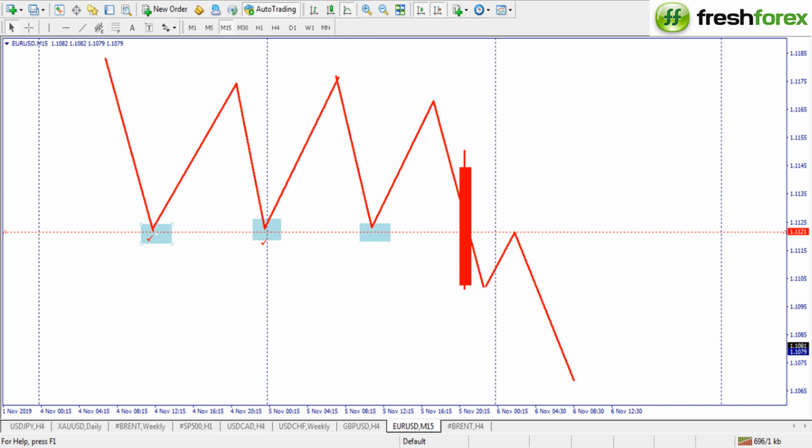Price tends to go back to it. So as I was saying, you must not find yourself selling when the price has not already reached this level.